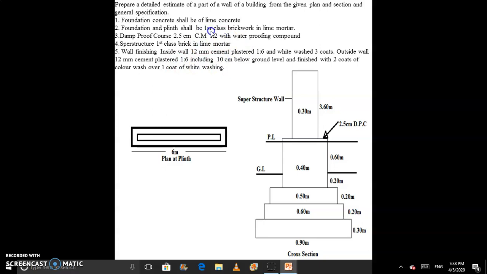If we use second class brick or third class brick or overburnt brick, the rate is different. That's why we have clearly mentioned all the categories in our general specification, what type of cement plaster we use, what type of brick we use in construction works.